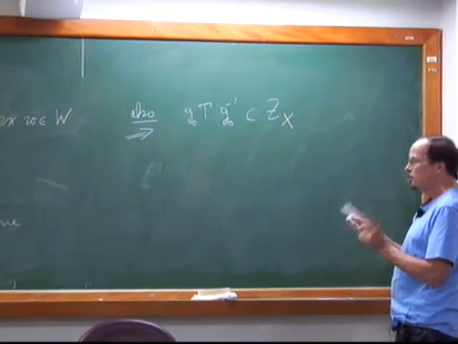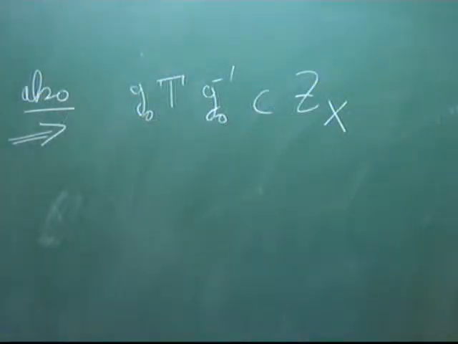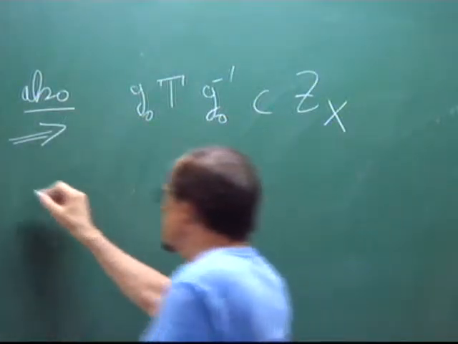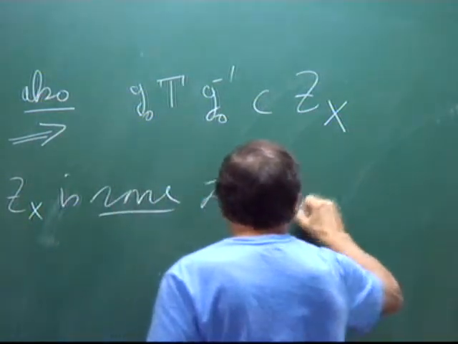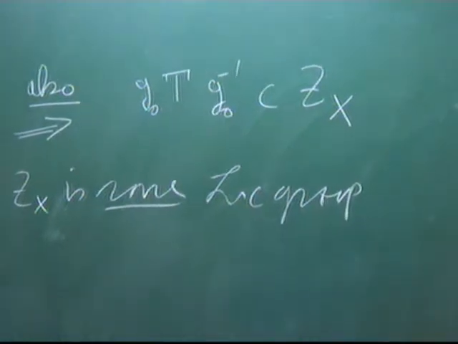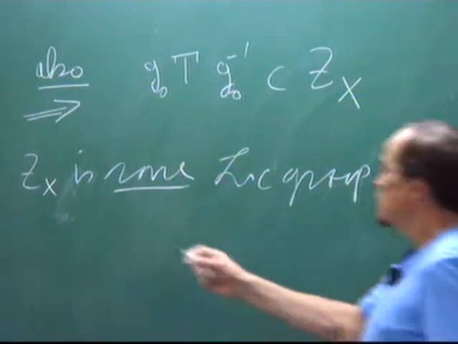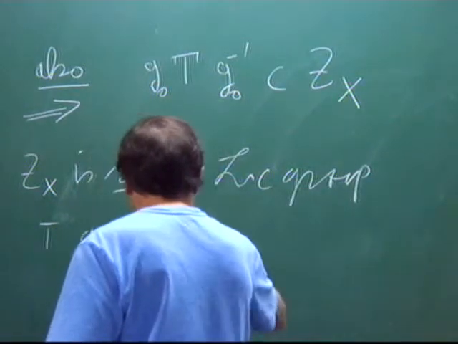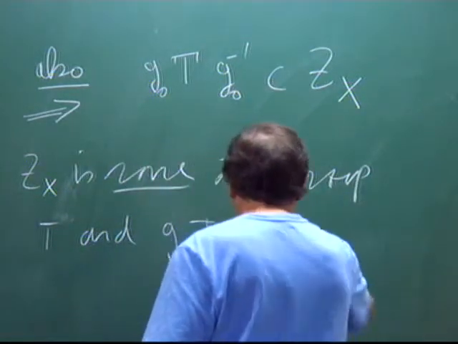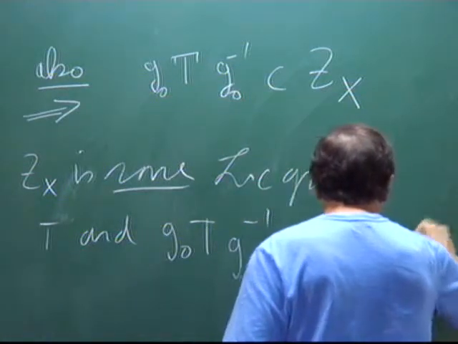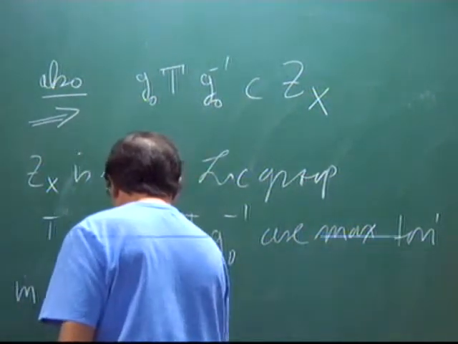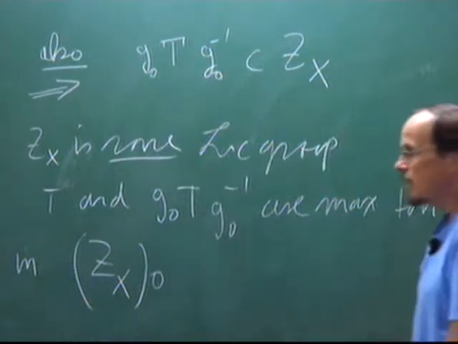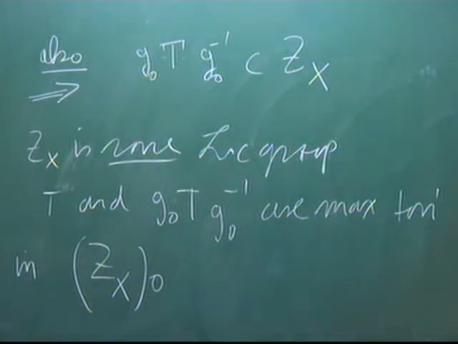So now I have two tori inside the centralizer. Think of this as my new Lie group. So Zx is a Lie group. Forget about where G comes from. It's some Lie group. But both T and G naught T G naught inverse are maximal tori in the identity component of the centralizer. The centralizer is also closed, so in effect a compact Lie group, with finitely many components.